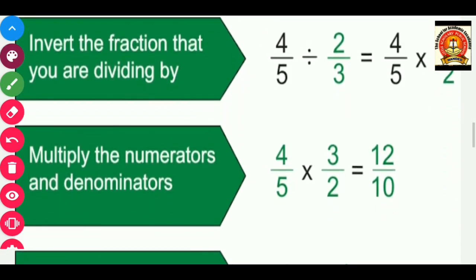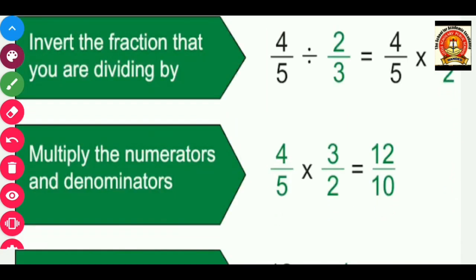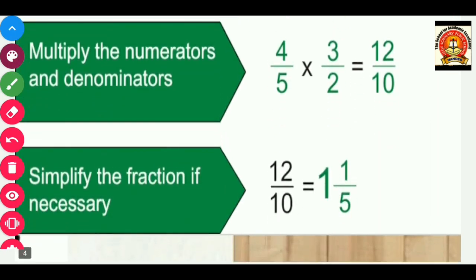So here again you can see 4 by 5 divided by 2 by 3. 4 by 5 as it is, division turns into multiplication, and then 2 by 3 turns into 3 by 2. 4 3s are 12, and then 5 2s are 10, and you can reduce it with the 2's table. 12 by 10, you can observe, is an improper fraction, the fraction where the denominator is less than the numerator.